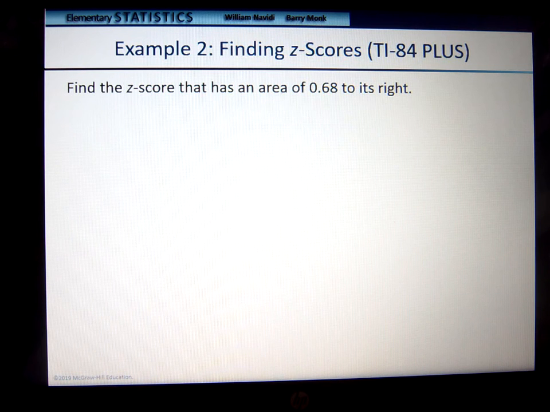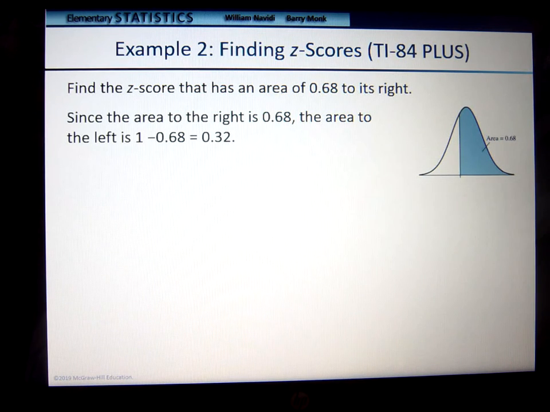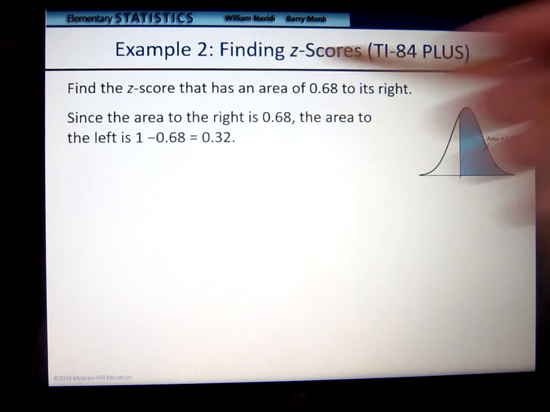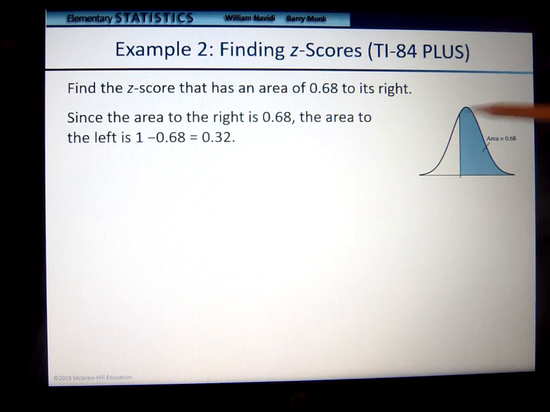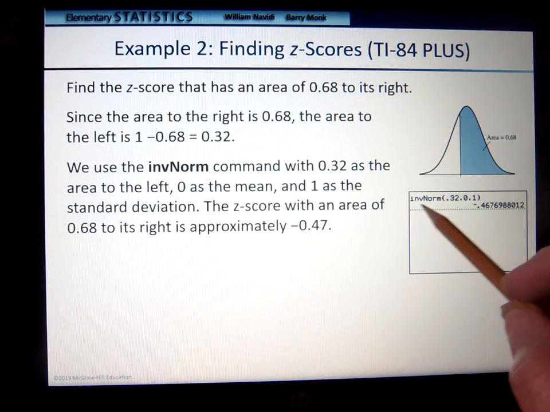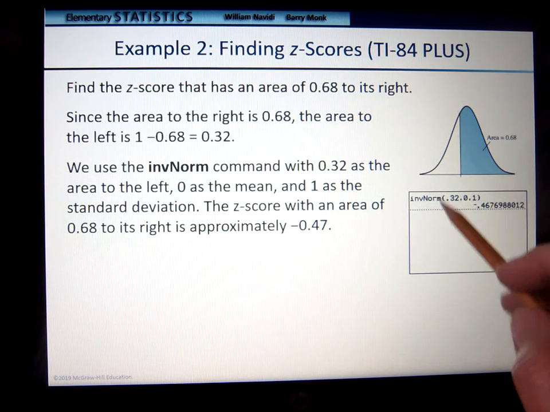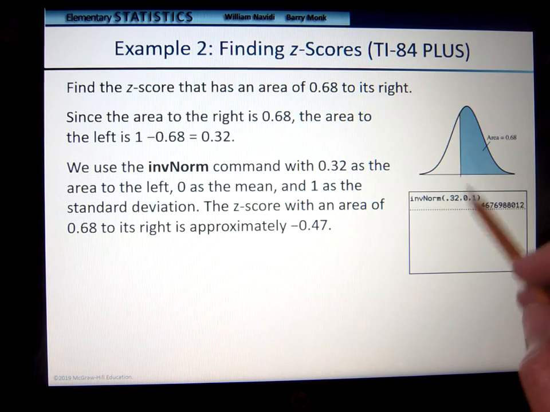Let's find the z-score that has an area of 0.68 to the right. That means it would have 0.32 to the left. So I can hit my inverse norm and I have 0.32 because this gives me the number when I find the area to the left.